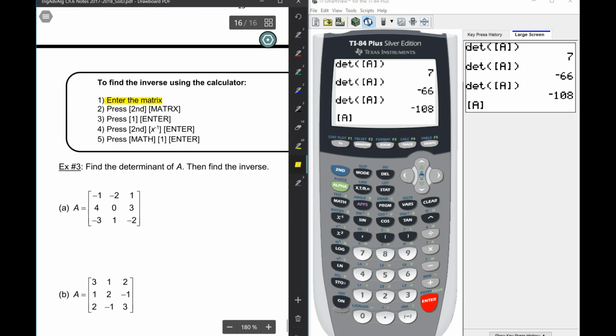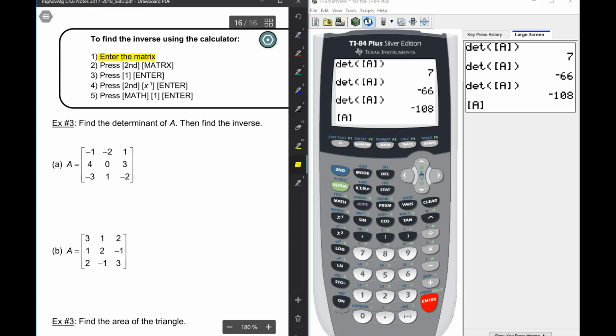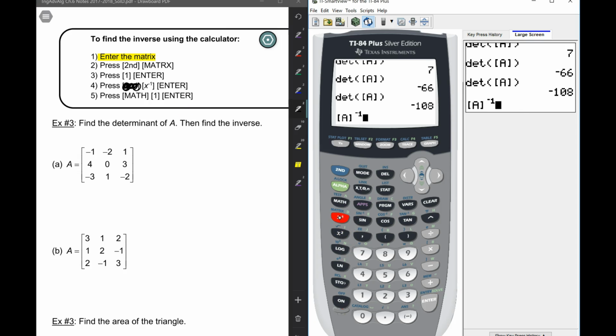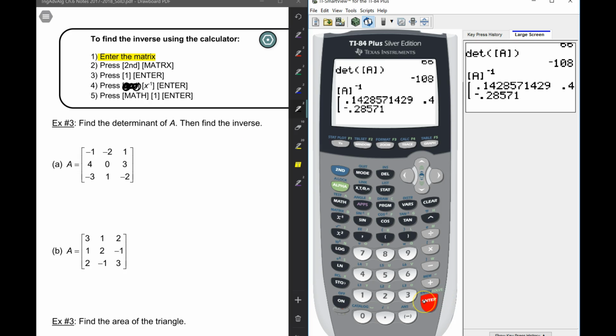So once you're here, we want to find the inverse. So there is a mistake here. It says press second and that there is no second. Just press that same button that you're using for the matrix, right? That x to the minus 1, that means inverse. And press enter.